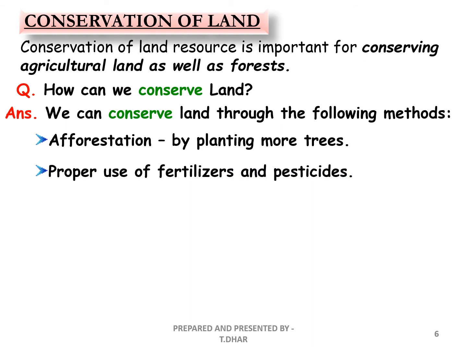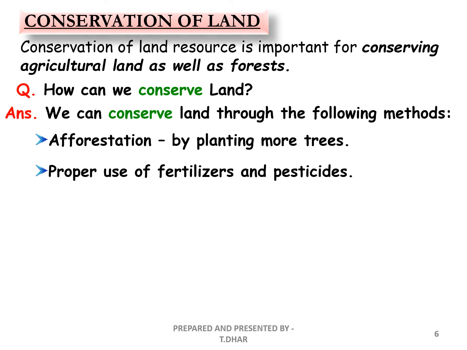Second is proper use of fertilizers and pesticides. These two things have got chemicals in them.